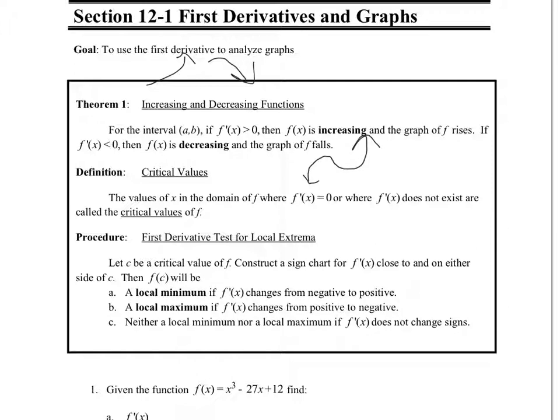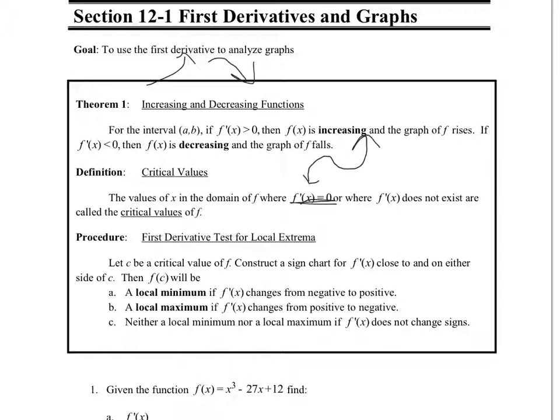But now, because we're doing calculus, we're going to be able to figure out where they occur. And the way we do it is we're going to find what's called the critical values. Those critical values are going to be the x value where the derivative, f prime of x, equals 0.